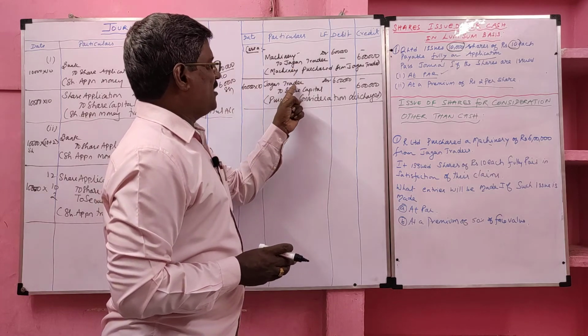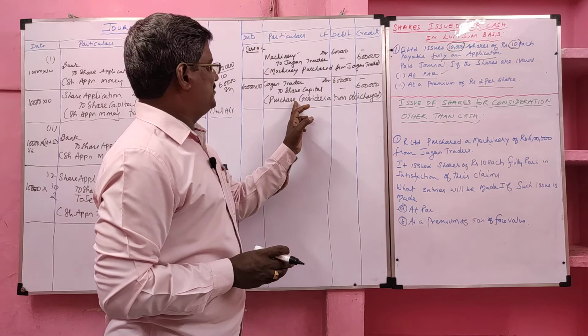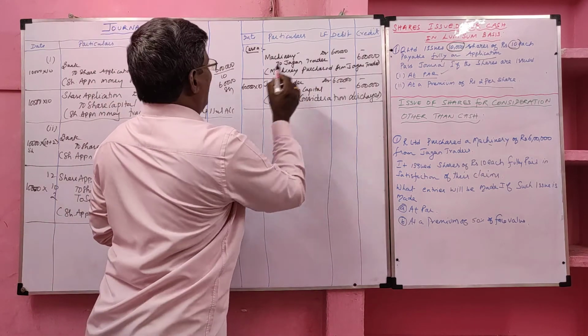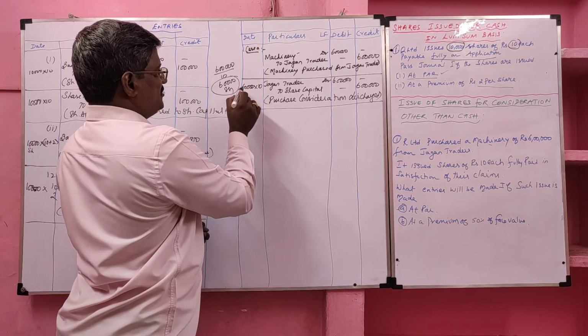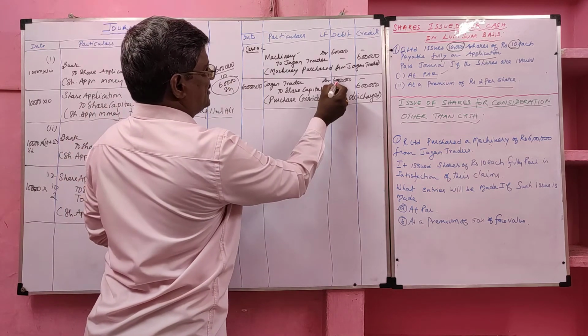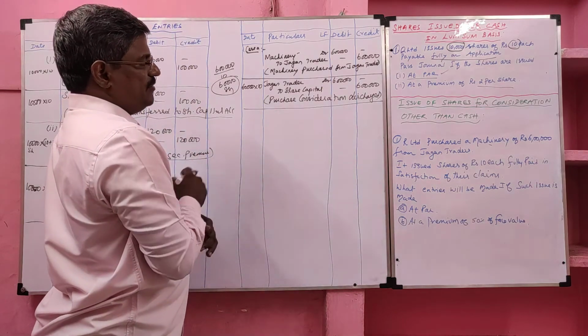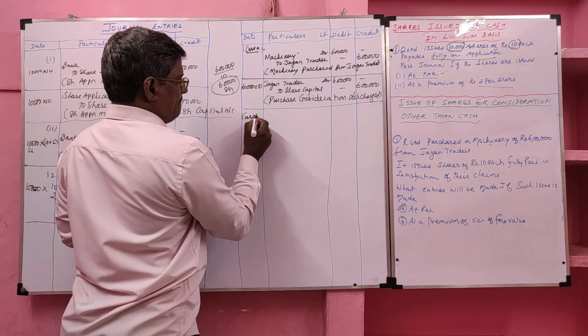So Jagan Traders account debit to share capital. This is the entry for purchase consideration discharged. How many shares will be given? 6 lakh divided by each share value, so 60,000 shares. 60,000 shares into 10, 6 lakh rupees worth of shares issued to Jagan Traders for purchase consideration.